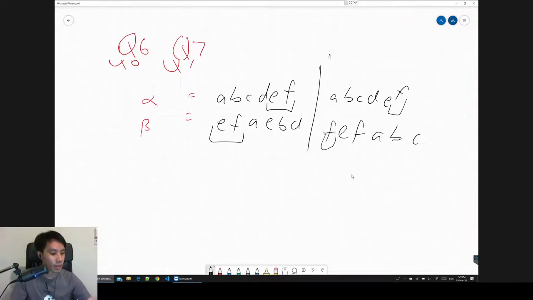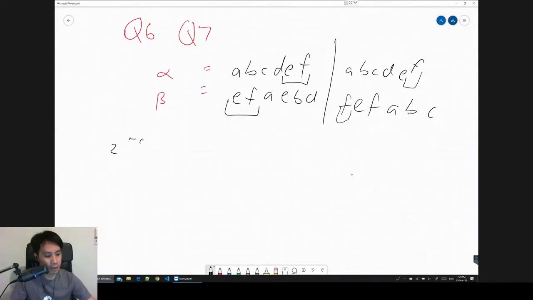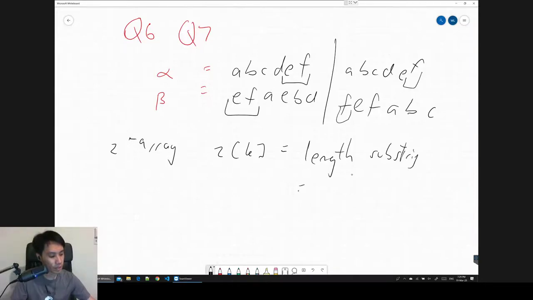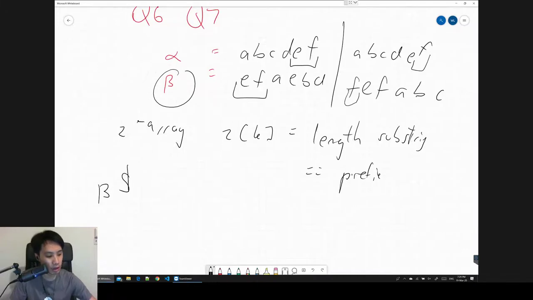You already know if I have a Z array, the number Z at K is the length of the substring which is the same as the prefix. So we can see picker is actually the prefix. So I can use picker, dollar sign, alpha, and I should be able to find my number here.